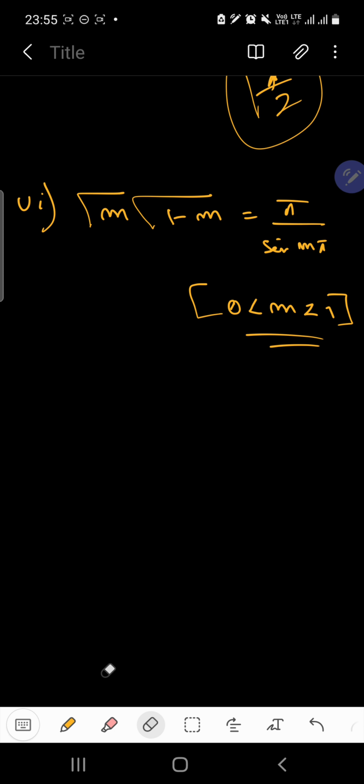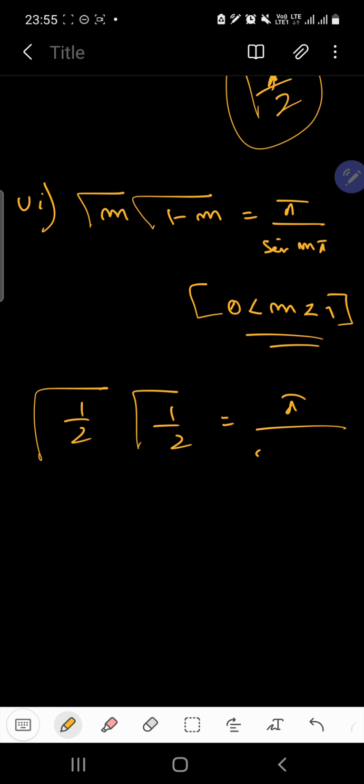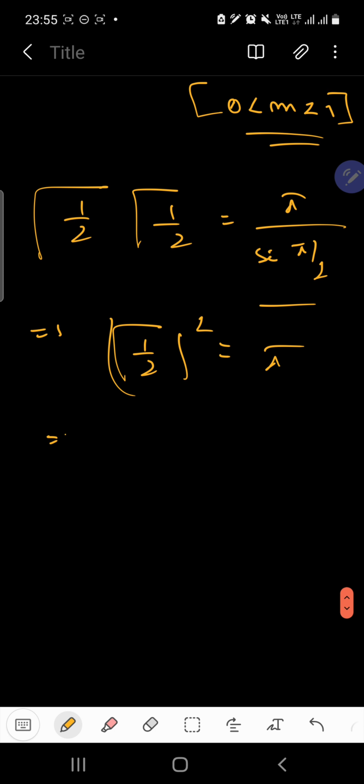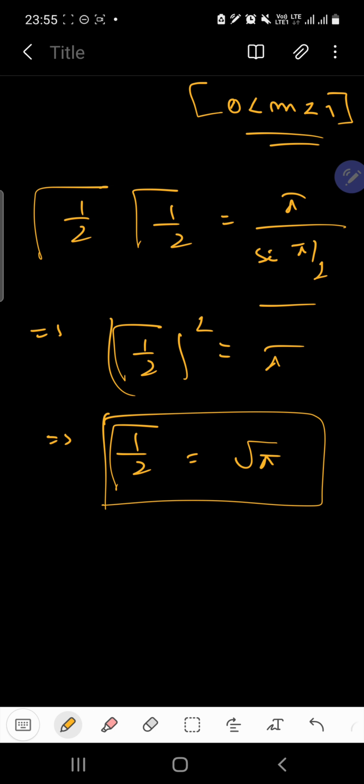So basically, if you put m equal to half, you get gamma half times gamma half is pi over sine pi over 2. This is 1. So from here you get gamma half whole square is equal to pi. That means gamma of half is root pi. Clear? Got it?